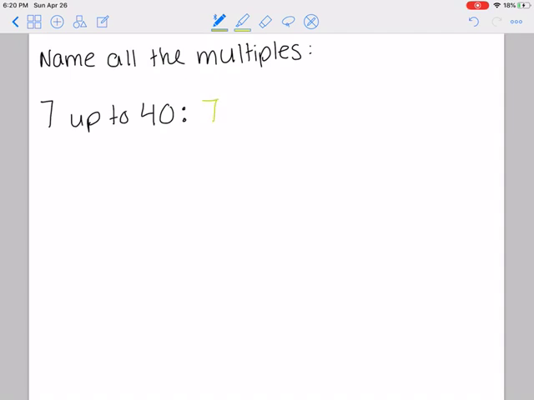So 7 times 1 is 7, and then 14, 21. 7 times 4 is 28. 7 times 5 is 35. Now we're going to stop here because 7 times 6 is 42, and that's too big. We had to stop at the number 40.